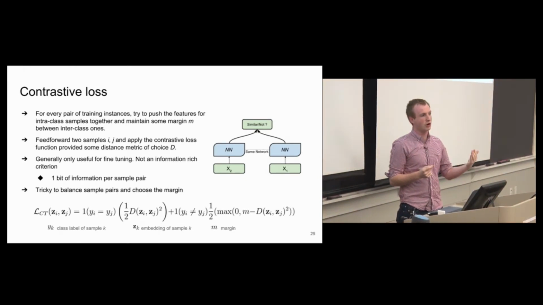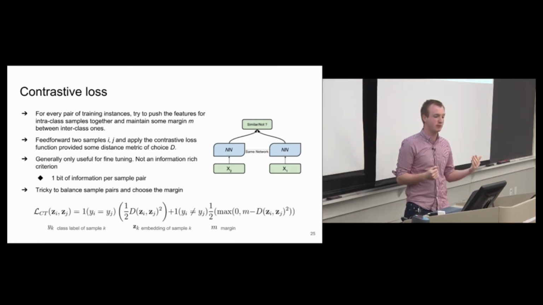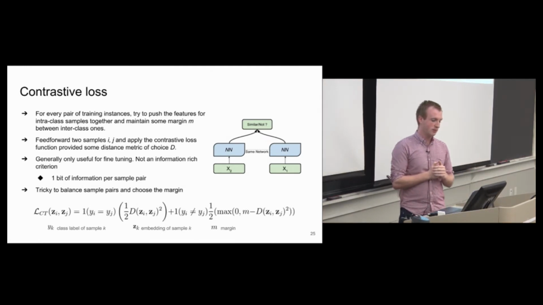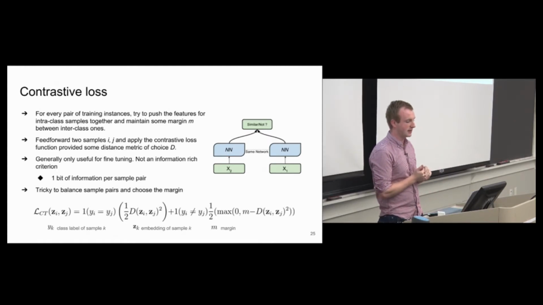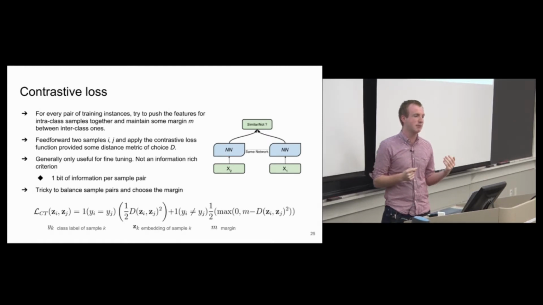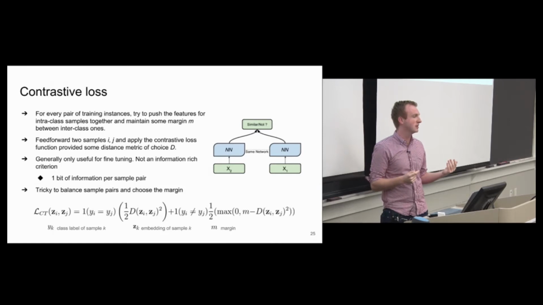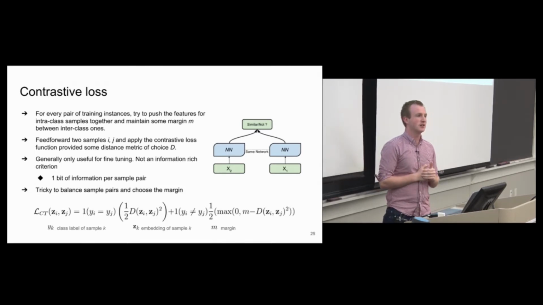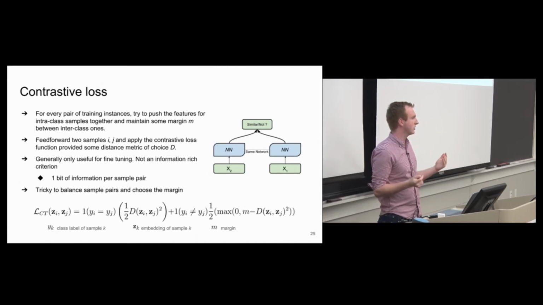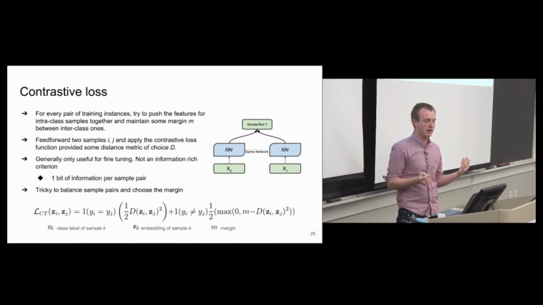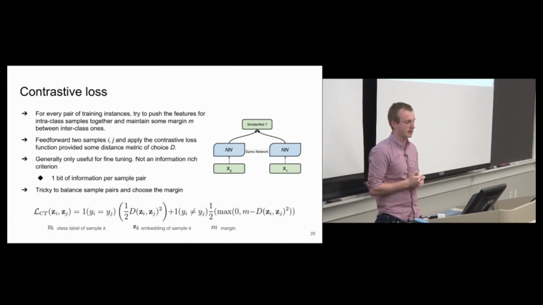So log of 1 over that probability is 1, log base 2, so that's 1 bit of information per sample pair. And it turns out that it's a bit tricky to balance sample pairs and also choose this margin, especially if the vectors are not normalized. It's really hard to think about what metric or margin to pick.